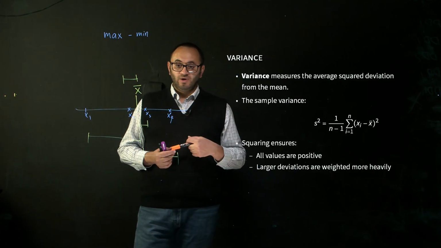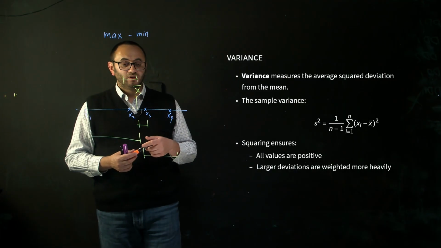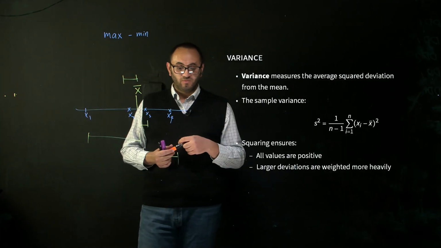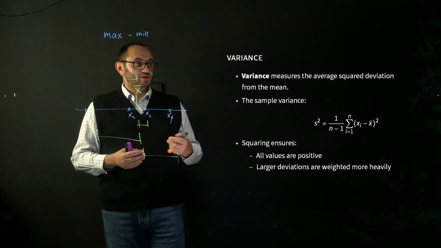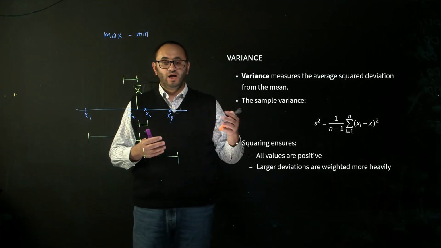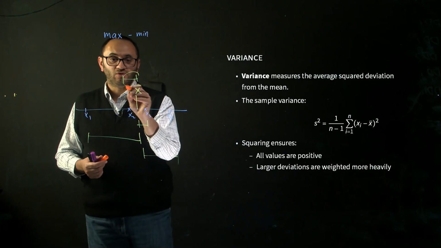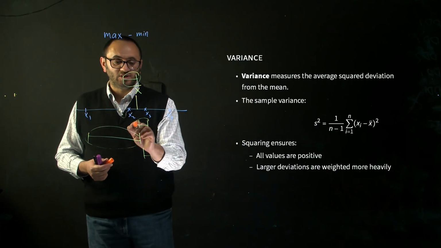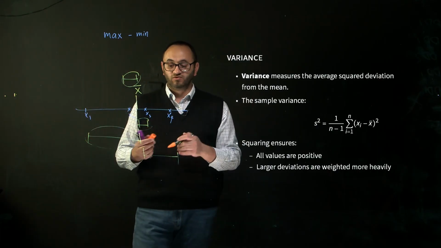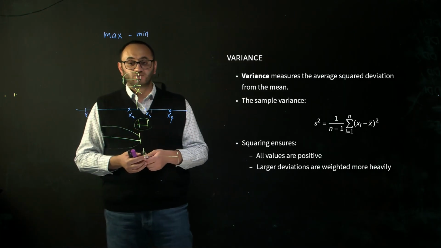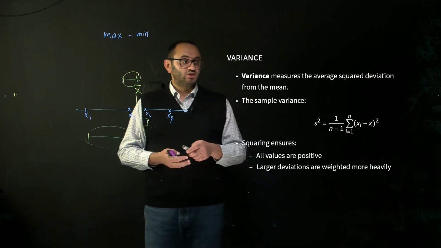One note about the variance: the variance is always positive because if you look at the formula, it's the summation of (xi minus x bar) squared. So we have to square the distance because this distance could be positive or negative, right? So the variance is always positive.